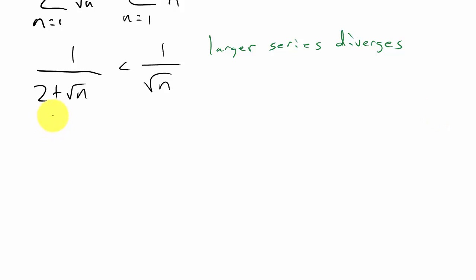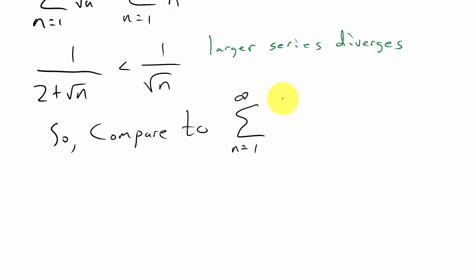Okay, so we compare to some other series, and we want something kind of in this form here. So we'll compare it to n equals 1 to infinity of 1 over n. And so let's see what this series here does.